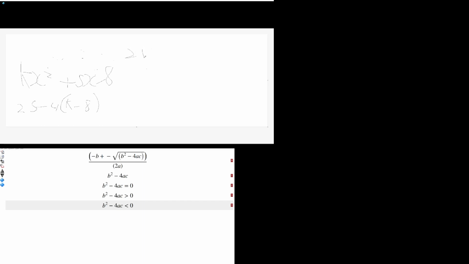So it's going to be 25 plus 32k equal to 0. So 32k equals negative 25. k is equal to negative 25 over 32, right?